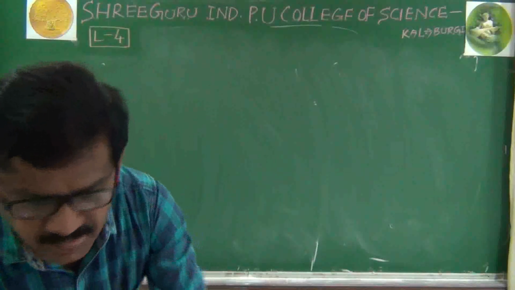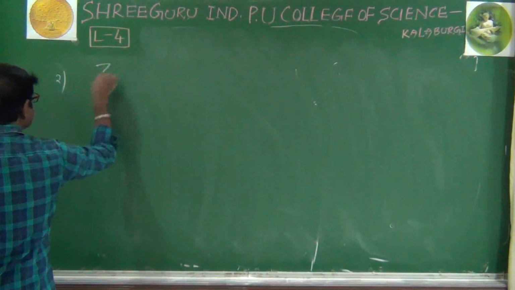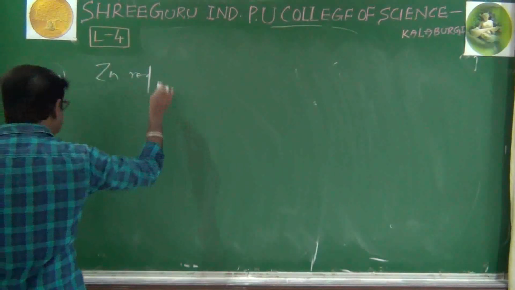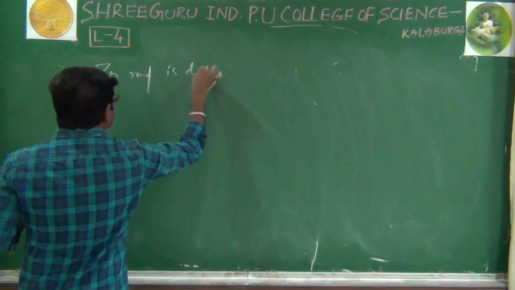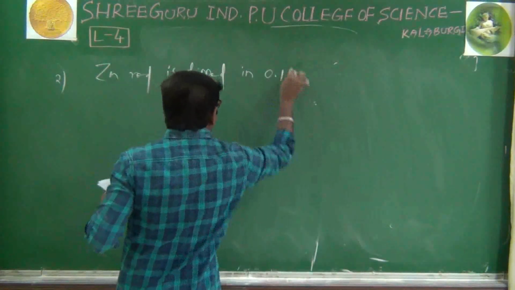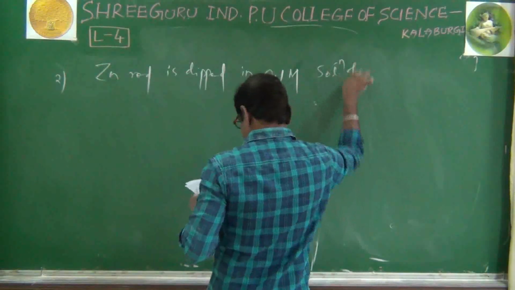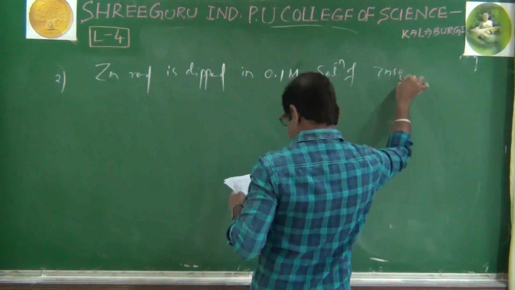Next question is: a zinc rod is dipped in 0.1 molar solution of ZnSO4.